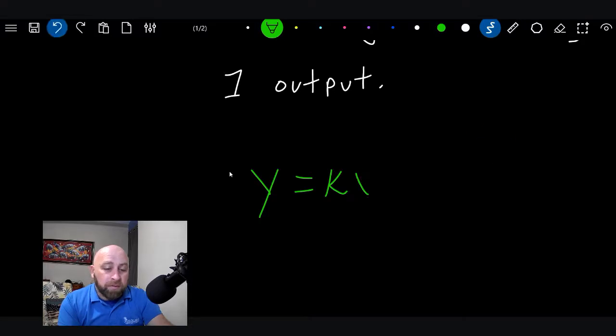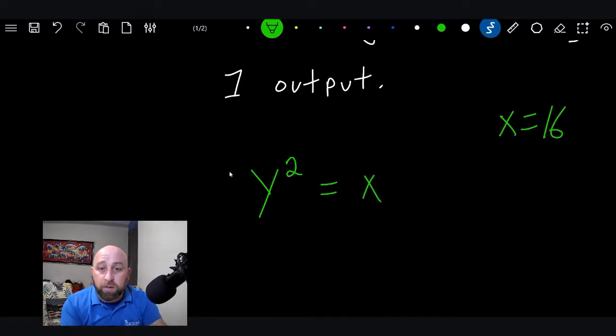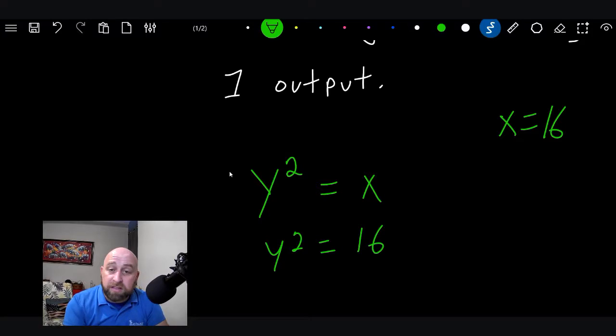The one that I'm going to do now is not going to be a function. So let's say we had y squared equals x, and we said that x equals 16. So our input is 16. We input that and we get y squared equals 16.